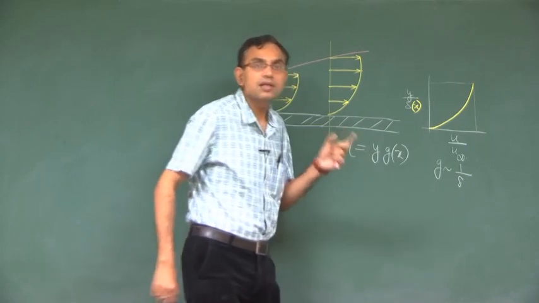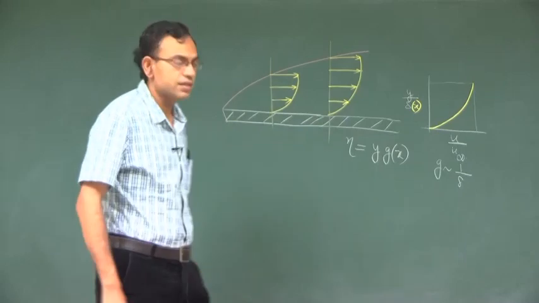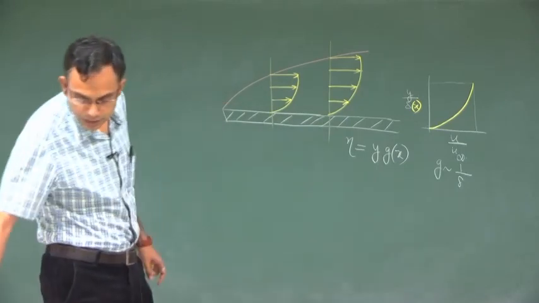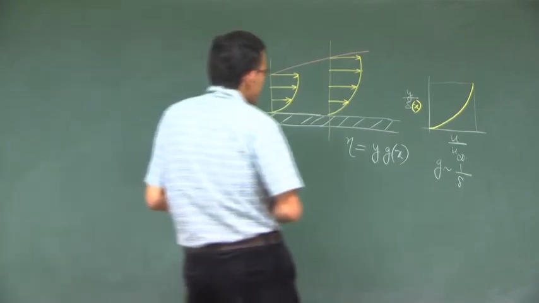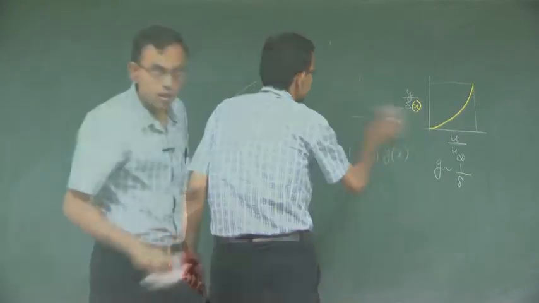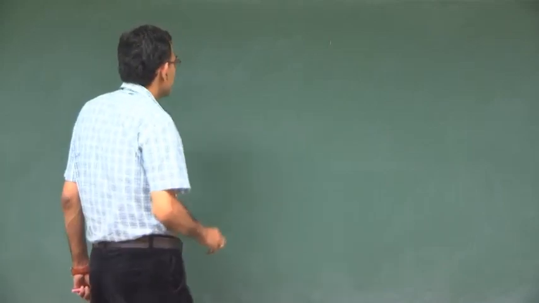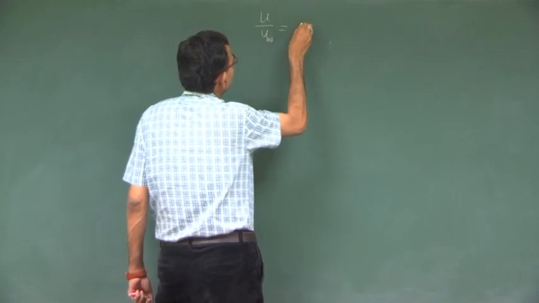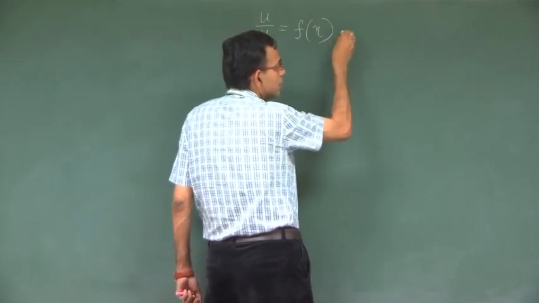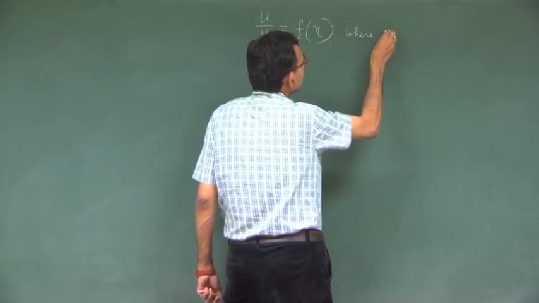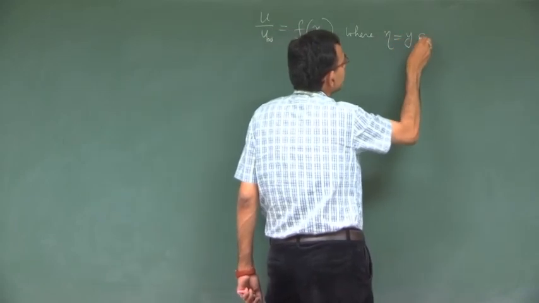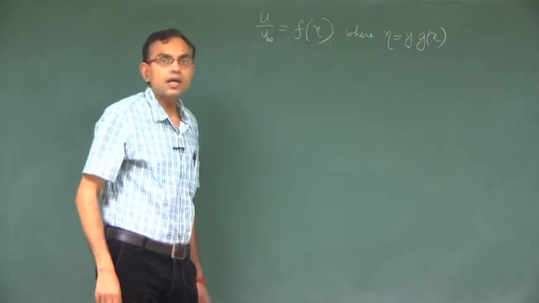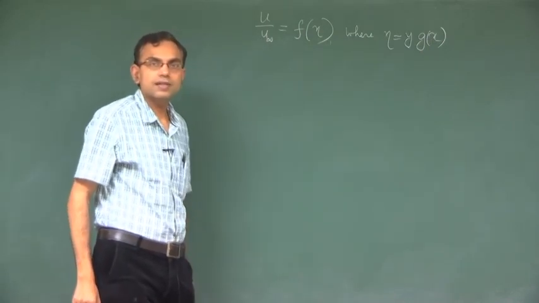That means similarity transformation exists. So, with this understanding, let us say that we define u by u infinity is a function of eta, where eta is y into a function of x.